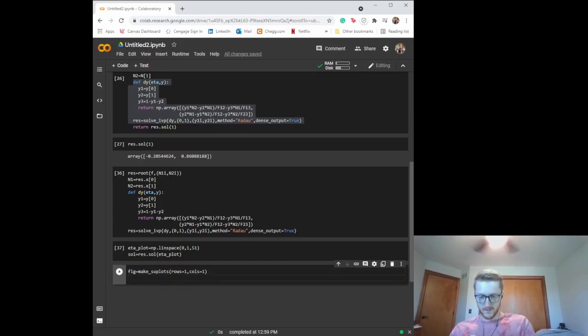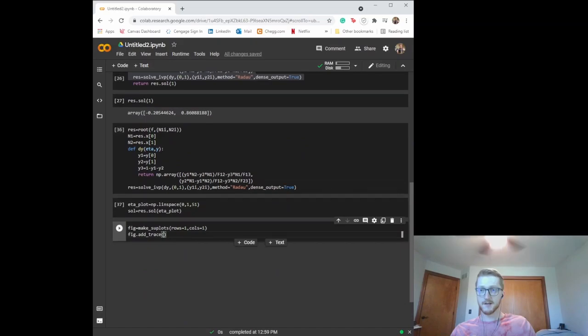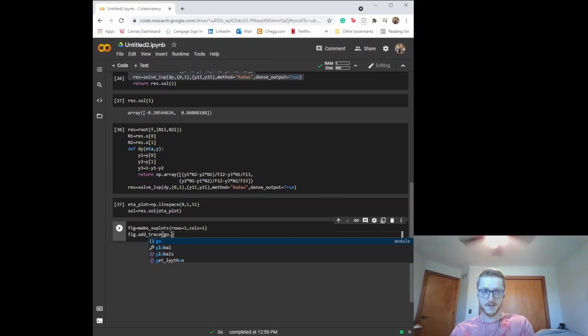And then what we want to do is add the trend line, which is going to be using the function called fig.add_trace. And as we defined up above, the graph objects, we use the shorthand go. So the shorthand for a scatter plot is in this first graph object and scatter.